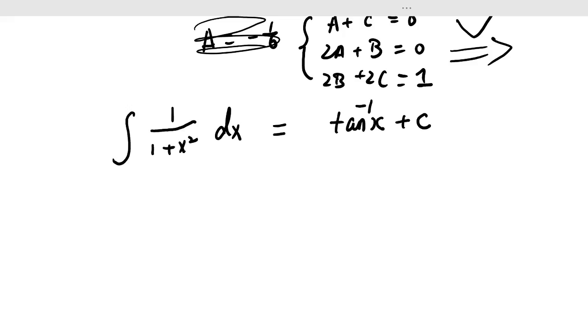Everybody knows that's going to be an inverse function, right? That's arctangent plus c. By looking at this, can you guess what is the integral of 1 over 4 plus x squared?